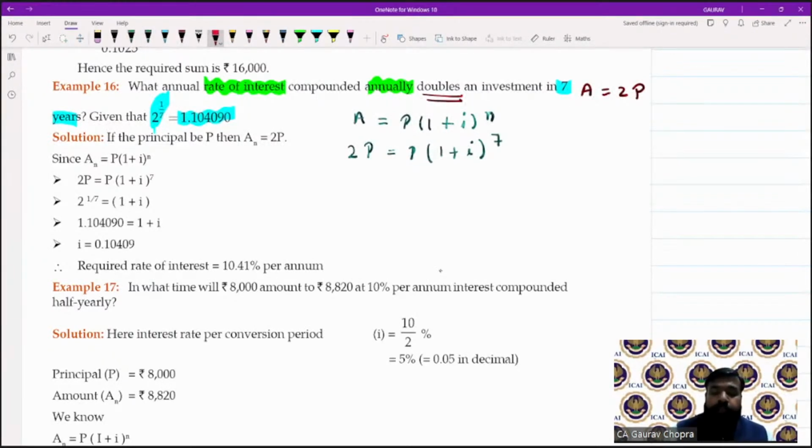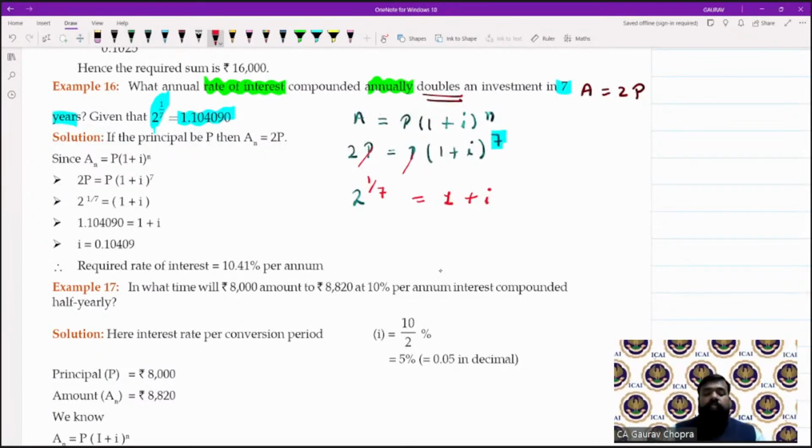Now what can be done? P and P will get cancelled on both sides. So what is the next step? 2 equals (1 plus i) to the power of 7. Now the power 7 will go to the other side and become reciprocal, 1 by 7. So 2 to the power of 1 by 7 is equal to 1 plus i.